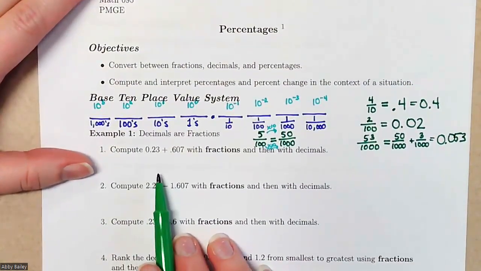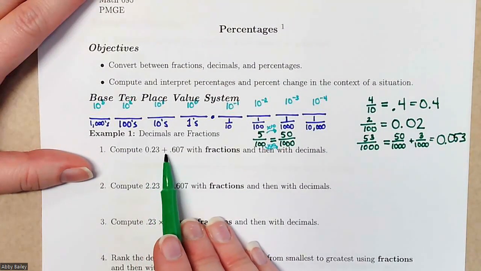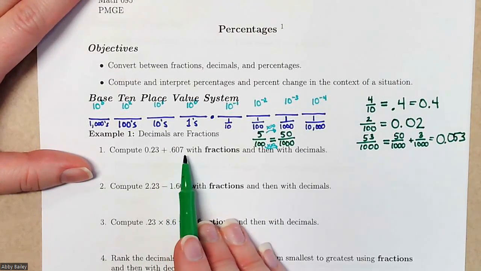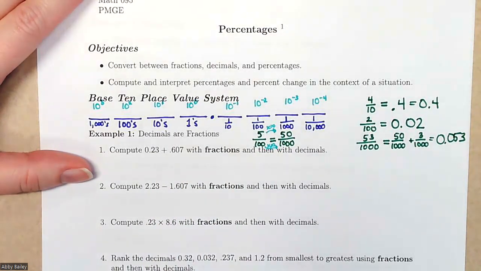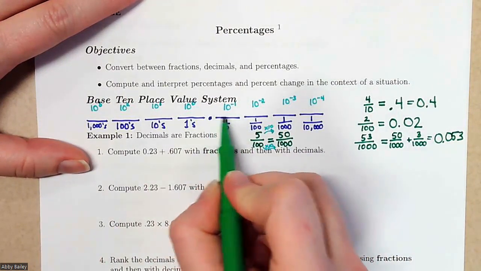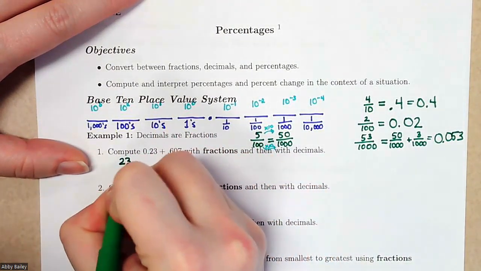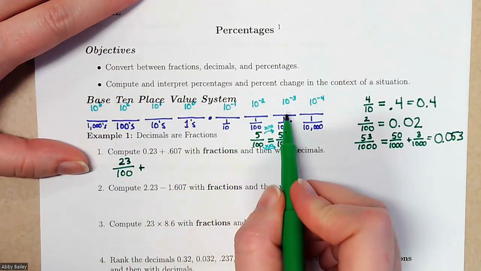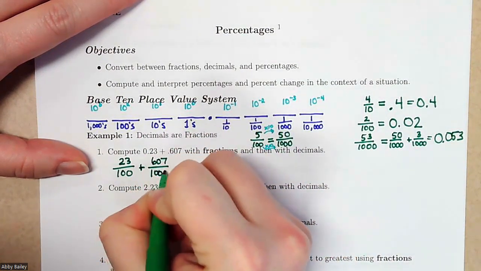Okay, so let's look at example 1 where we're starting to compute. Do 0.23 or 23 100ths plus 0.607 or 607 1,000ths, with fractions. So this is 0.23 or 23 100ths, and this is 0.607 or 607 1,000ths.